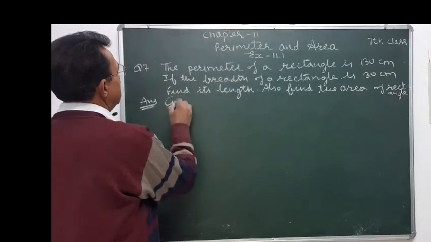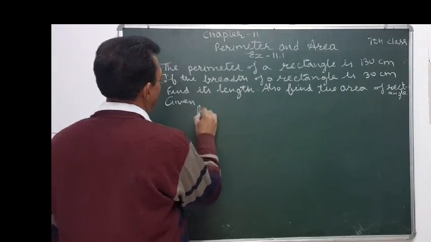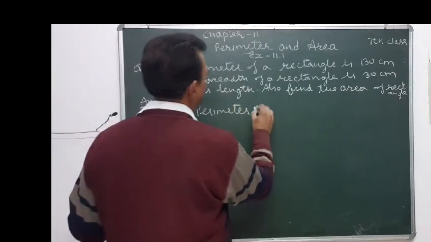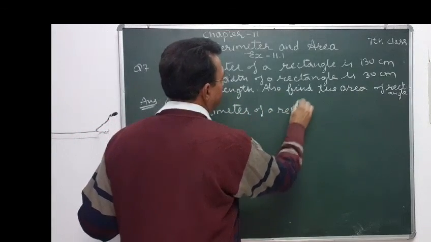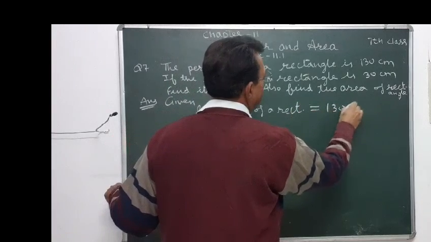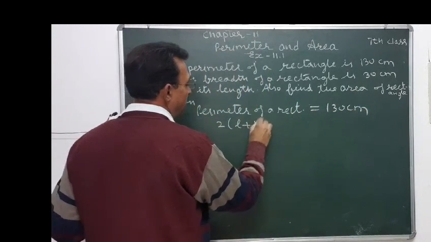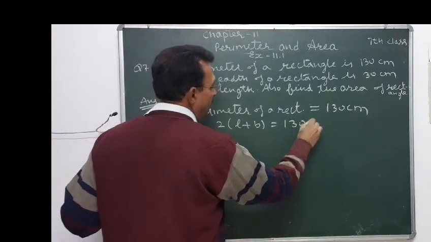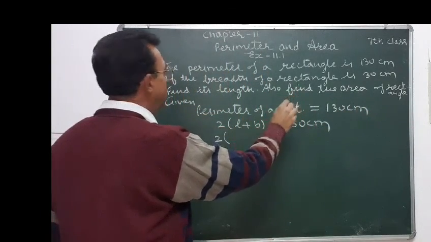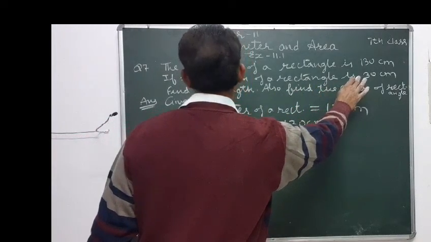So given is perimeter of a rectangle is equal to 130 centimeter, and the perimeter of a rectangle is 2 into length plus breadth, equal to 130 centimeter. Then 2 into what is the length given? Length is not given, in fact breadth is given.